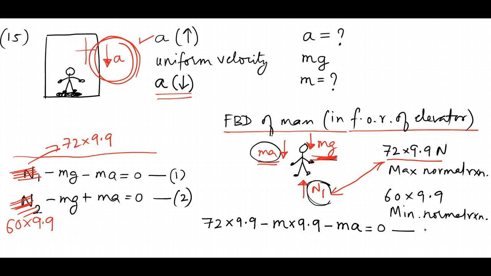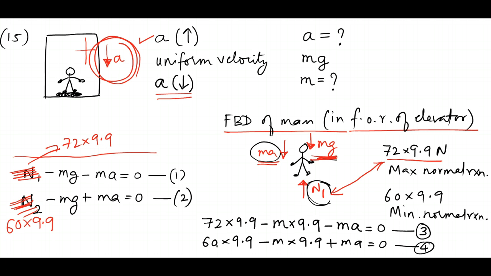This is equation number 3. Likewise, equation number 2 finally becomes 60 multiplied by 9.9 minus m into 9.9 plus m into a is equal to 0. That's equation number 4.